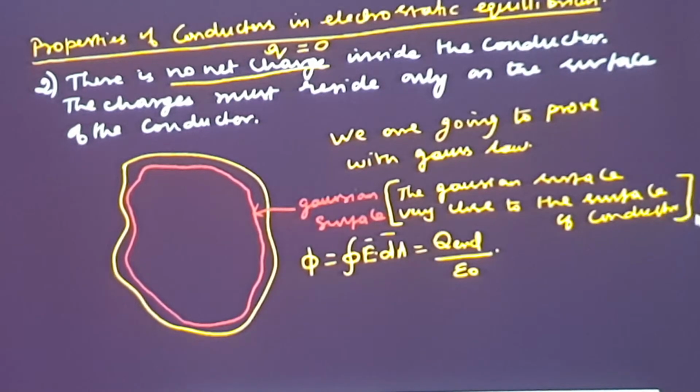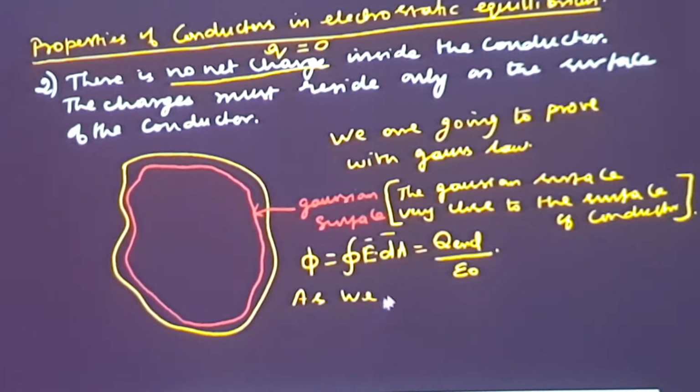Because inside the Gaussian surface you are going to prove the charge inside is equal to 0, so the maximum amount of area is considered. Now, we know that the flux is equal to closed integral of E dot dA vector, which is equal to Q enclosed by epsilon 0.